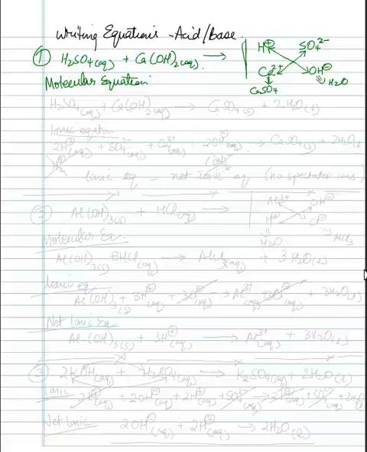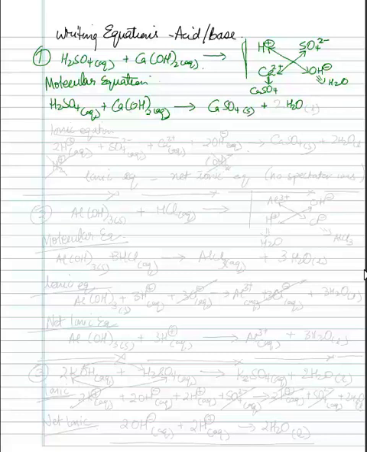So here is our molecular equation: H2SO4 aqueous plus calcium hydroxide aqueous to give calcium sulfate and H2O. Calcium sulfate, sulfates are going to be solids.